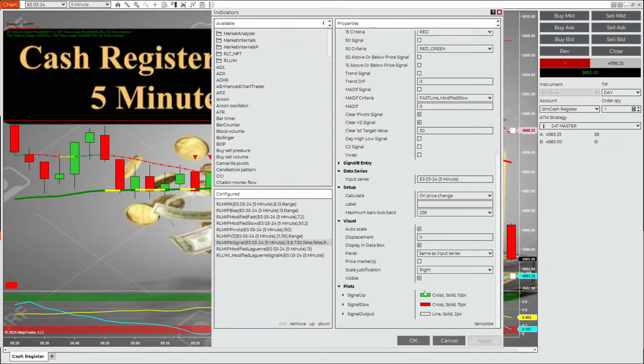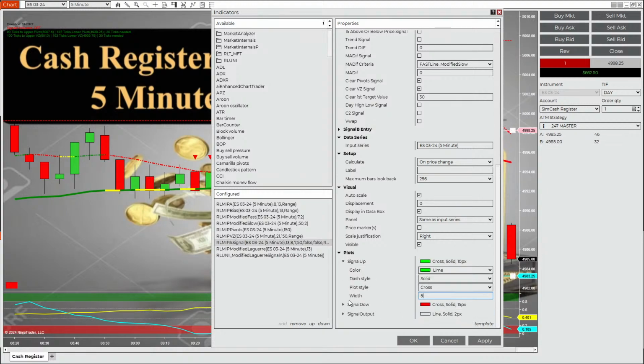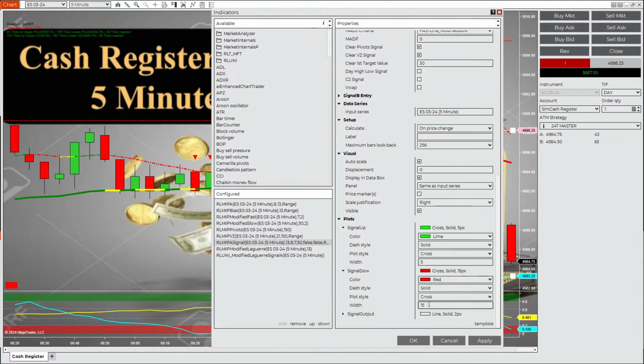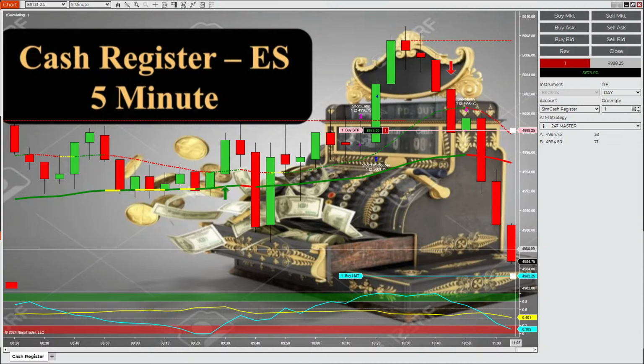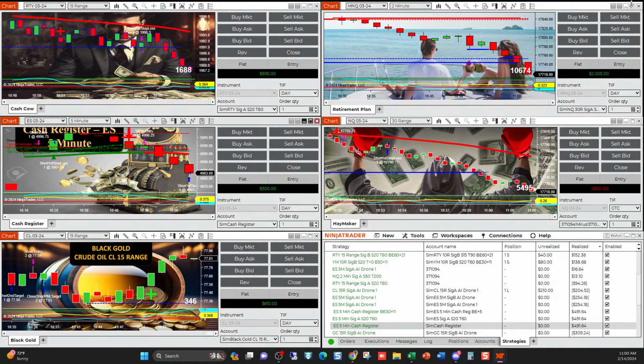Order filled. Order submitted. Looks like the cash register's getting close to the goodie. Order. Boom. $500 win. Nice trade on the cash register.